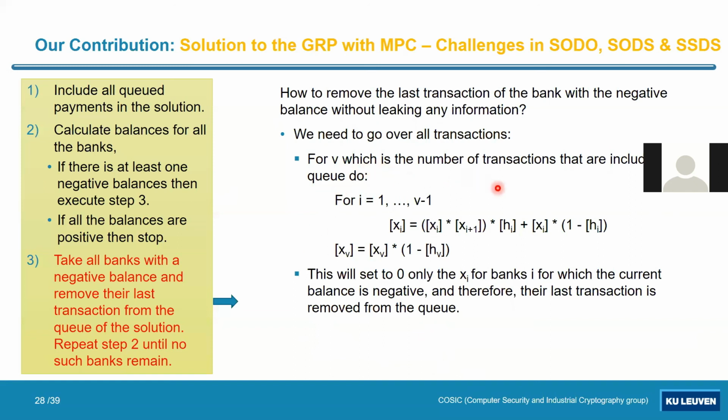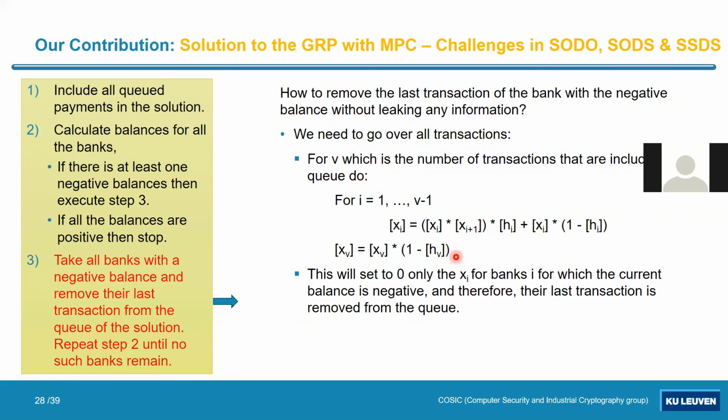And here we see that for V, which shows the number of transactions that are included in the queue, with this trick we try to decrease the comparisons that we need to do, because comparisons are more costly than multiplication. We are using this multiplication to make the last transaction from the queue of the bank with negative balance 0.